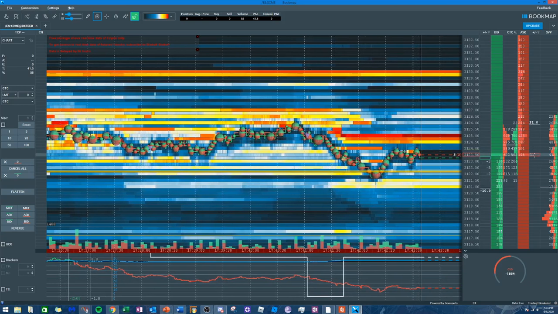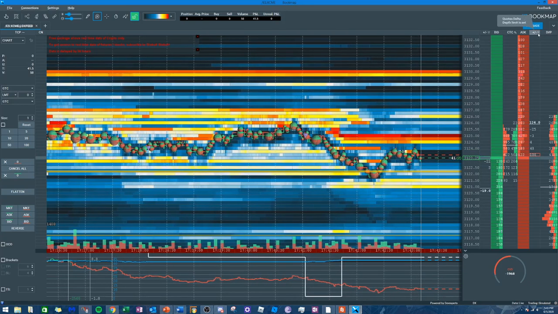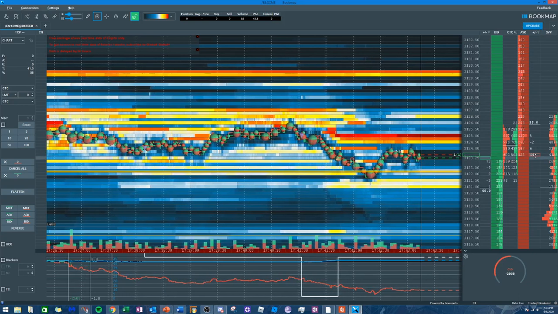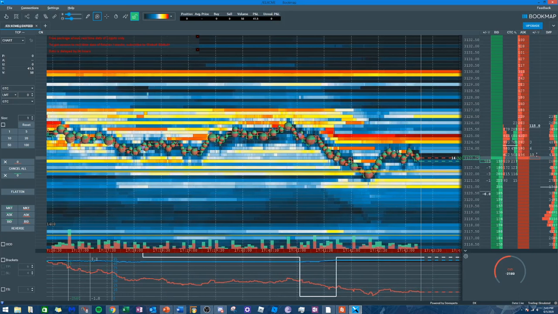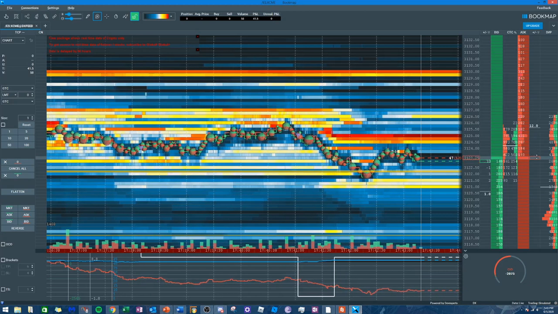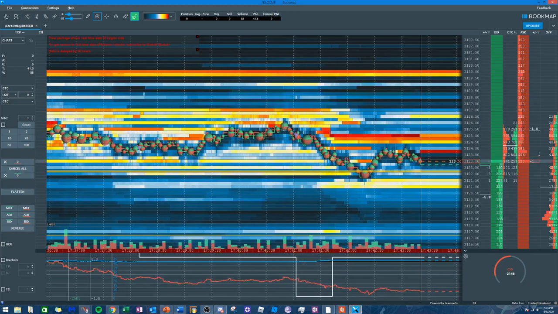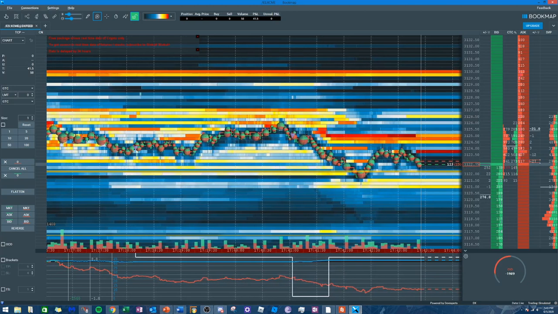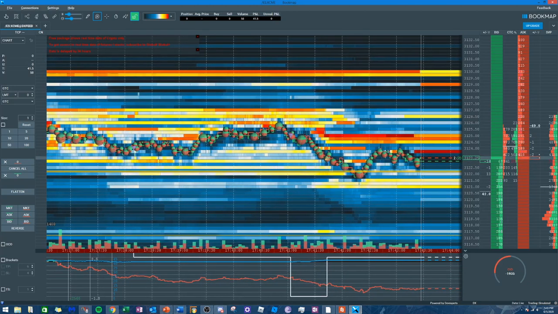And then in this column, the plus or minus, basically it's giving you the figure for how many limit orders are being added back versus taken off.